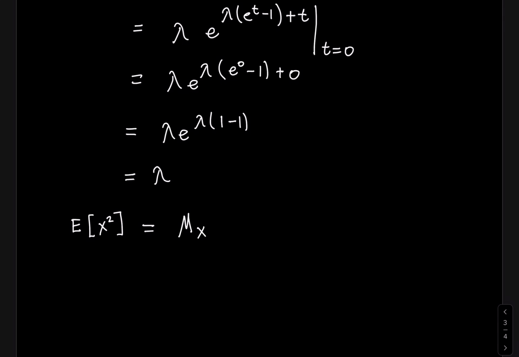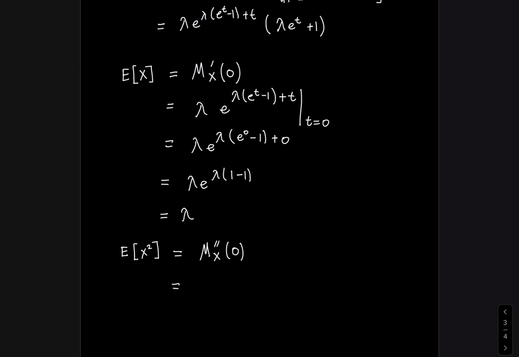So again, the second moment of x is given by the second derivative of the moment generating function evaluated at 0, and we have our expression for the moment generating function at the top there. I'm going to hand copy given all the technical difficulties I've had.